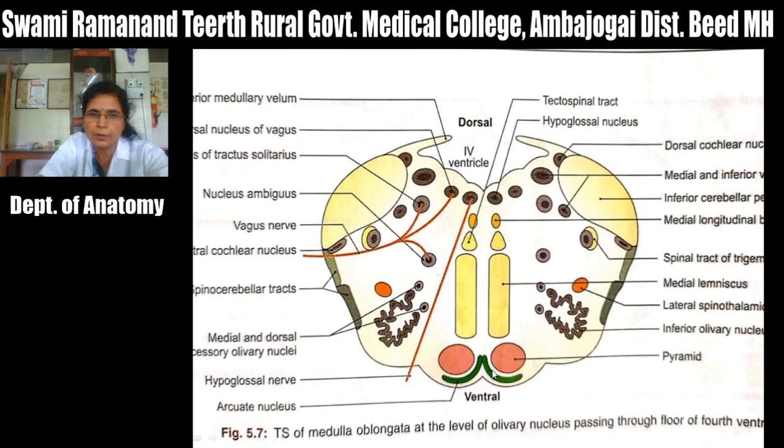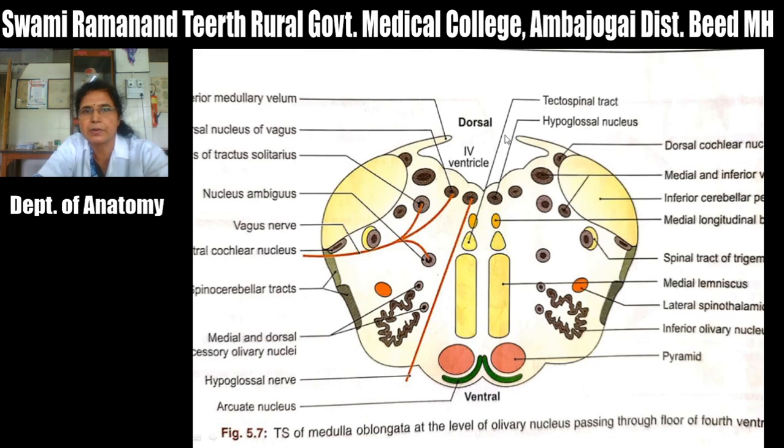Then a few efferent fibers of this arcuate nucleus pass dorsally through the substance of the medulla and cross with similar fibers from the opposite side in the floor of the fourth ventricle. Here they are covered by the ependyma of the fourth ventricle and go to the opposite side as the stria medullaris, which divides the floor of the fourth ventricle into the parts formed by pons and medulla.